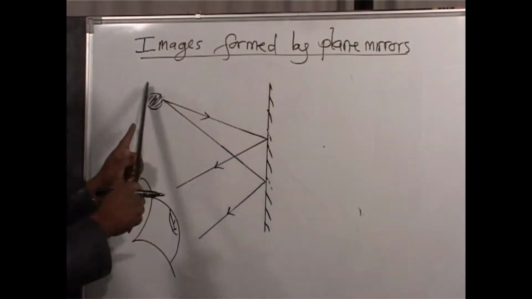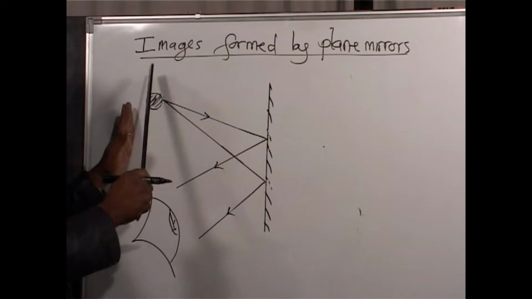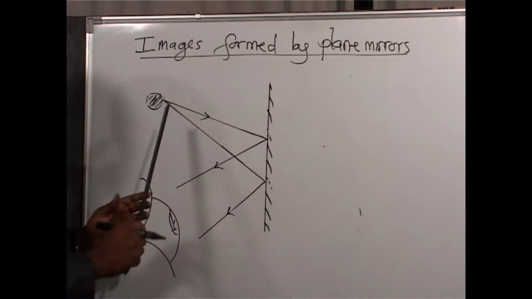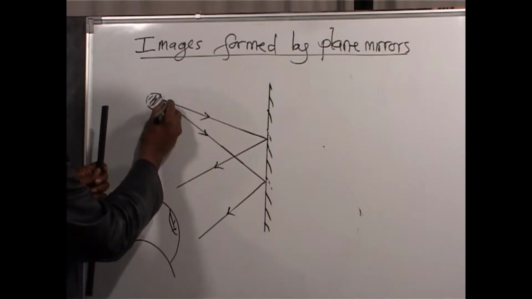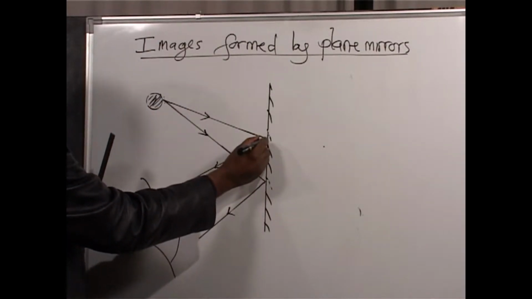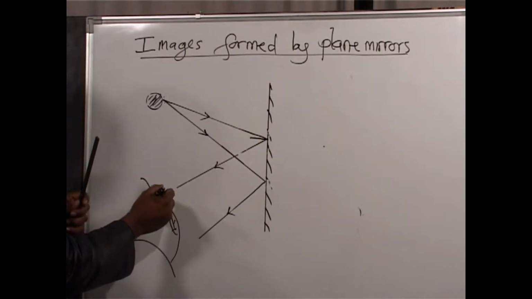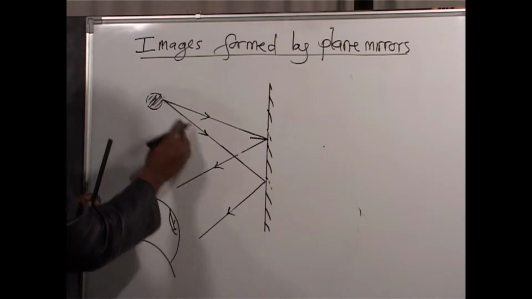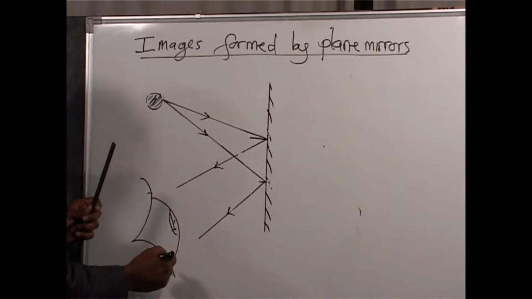Now we have this object here, and then there are a number of rays striking the object, and we have just picked two rays in this case. Now these two rays, one of them is this one here. It strikes the mirror. Of course there is a normal there. It strikes the mirror and bounces in that direction. The other ray, this one also does the same, strikes the mirror and bounces in that direction.